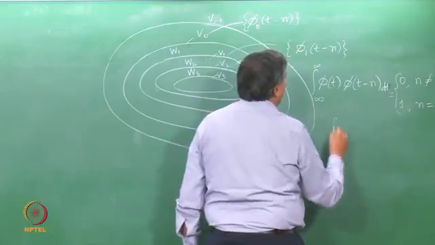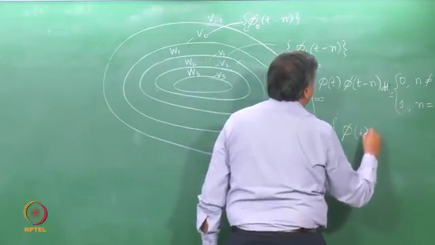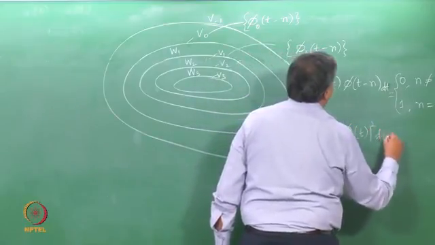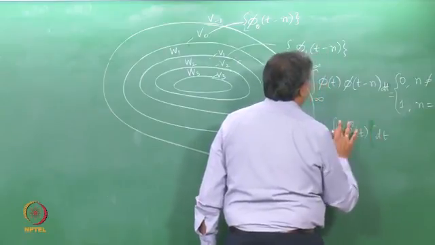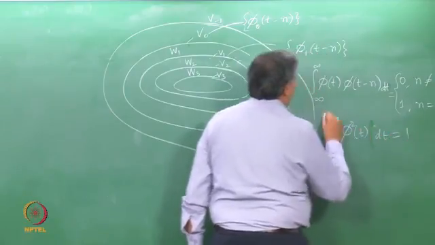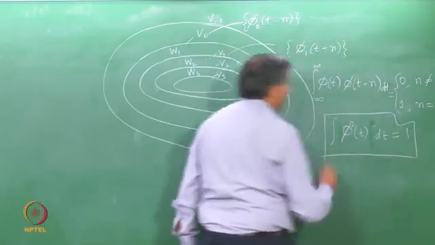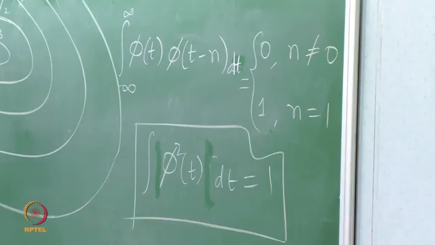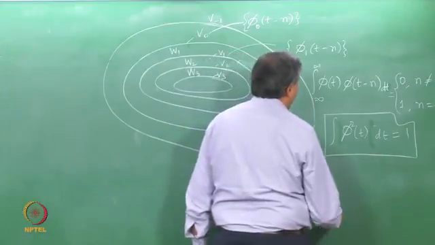This 1 essentially means that we have normalized the scaling function to have unit energy, because phi is real. This is one of the prime requirements on the scaling function even for us to be able to generate the MRA.